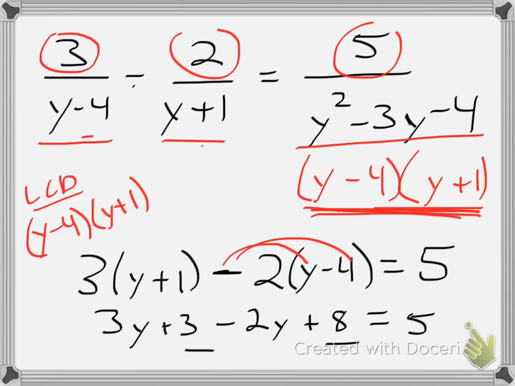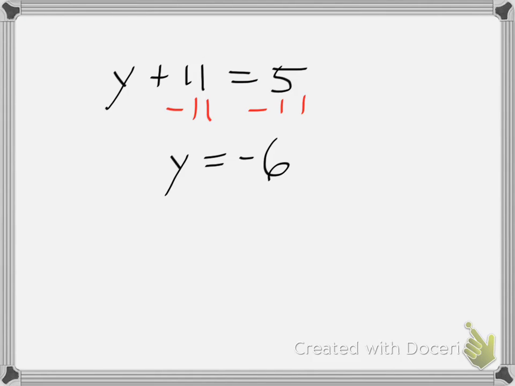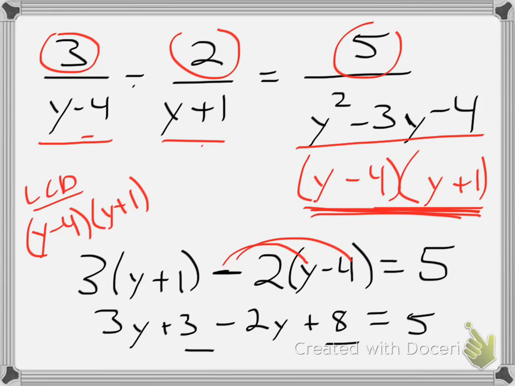Now lastly, with these kinds of problems, I need to check my answer. With an equation, you can always check your answer by putting the value for the variable back into the original equation. Specifically with this kind of problem, I want to at least check to see that this value for y doesn't conflict with the domain, meaning that if I take this y of negative 6 and put it back into the y's here, here, and then over here in my factored form, what I get is 0.